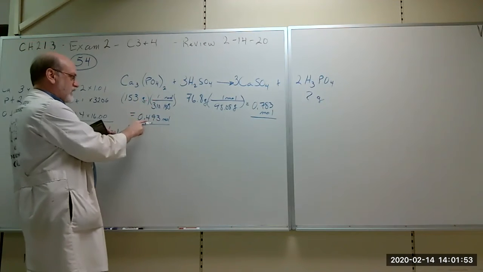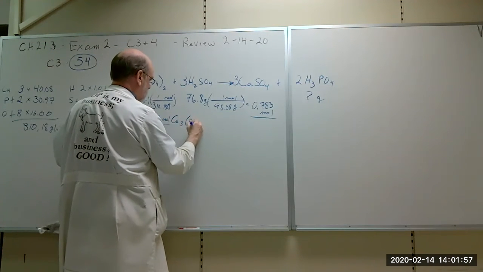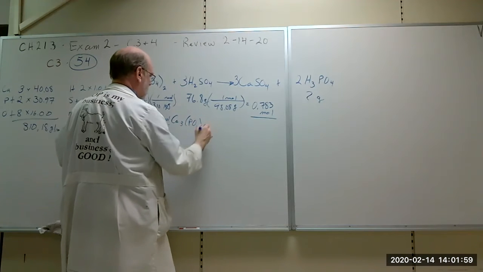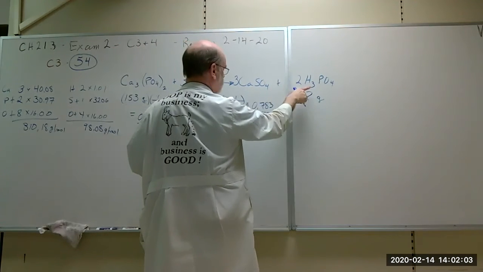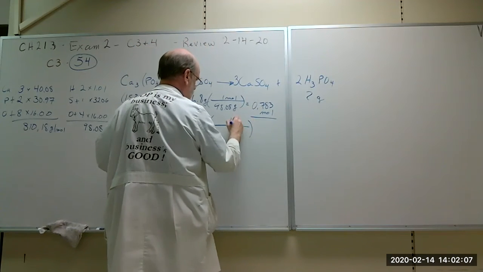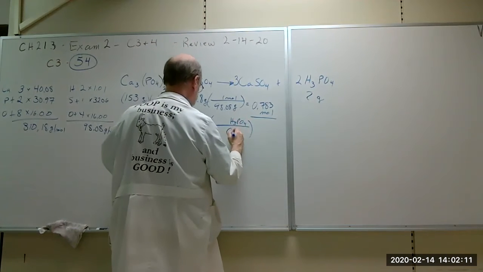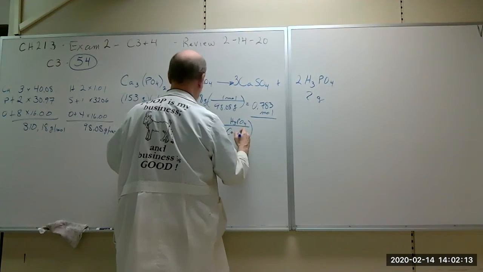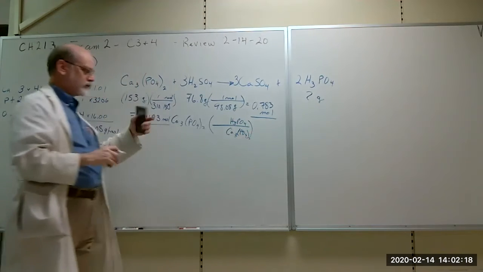So we convert this, moles of calcium phosphate, to moles of phosphoric acid, H3PO4, and this is calcium phosphate. What's the ratio of those two?